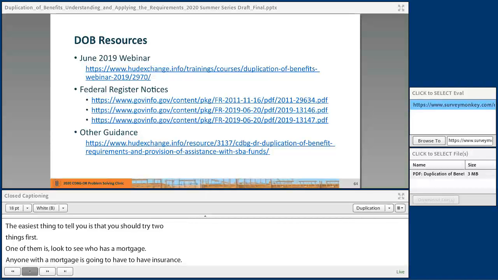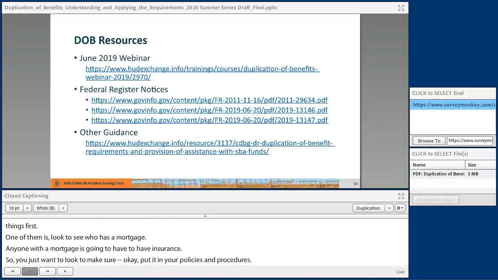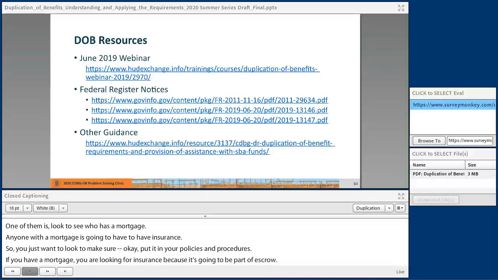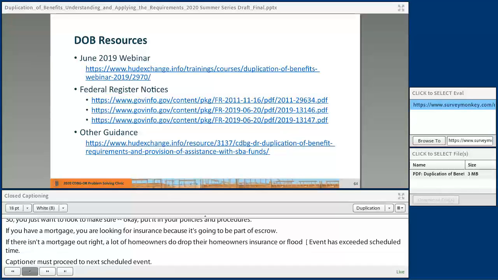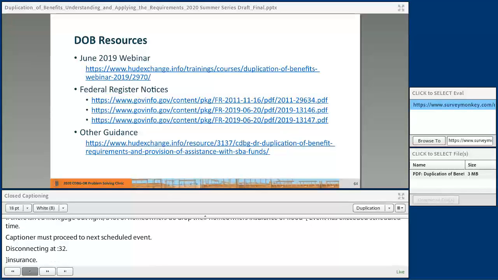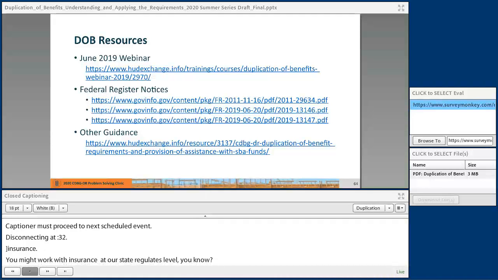If there isn't a mortgage, if the home is owned outright, a lot of homeowners do drop their homeowner's insurance or their flood insurance. Insurance is regulated at the state level, so you can work with your state office that regulates insurance companies to see if they can negotiate some data exchanges. But in most cases, it's just hard to do. So that's your second best option.